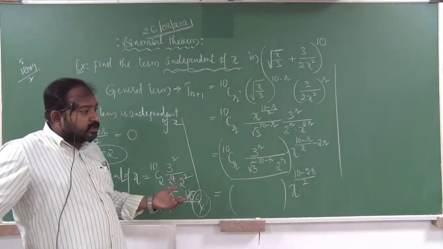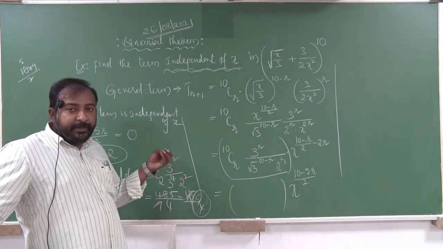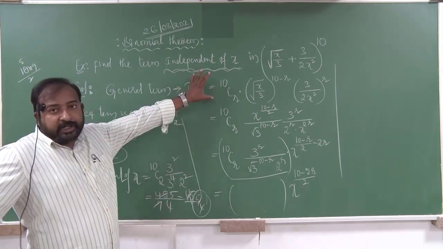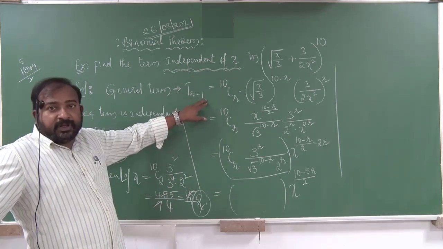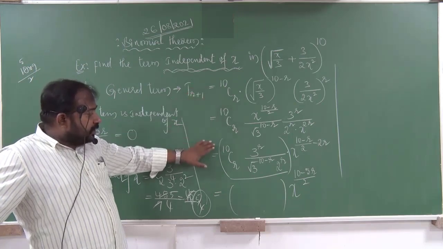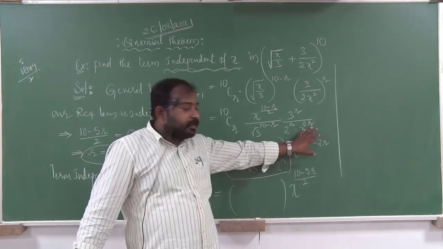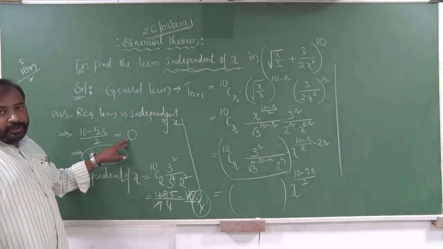So if they ask for the coefficient of x power some value, or the independent term of x, the basic thing is first you have to write the general term. After writing the general term, you will get x power some value. That power value you can make equal to our required coefficient.